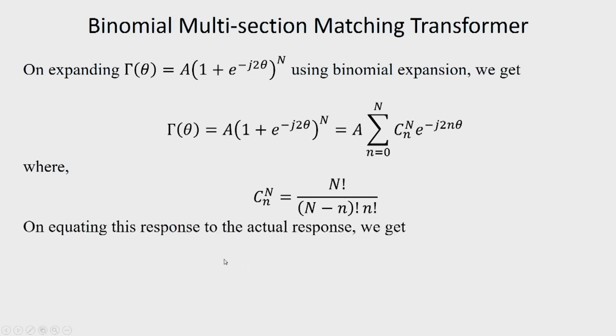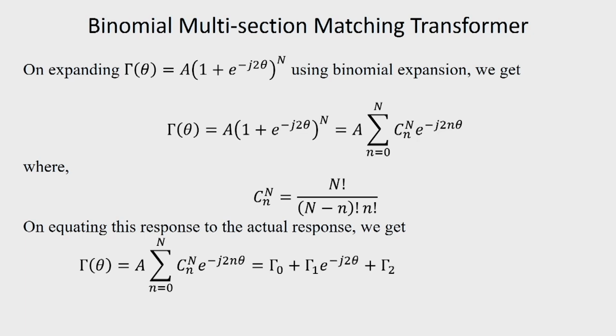And as we said, now we equate it to the response of a multi-section transformer, which is given by gamma 0 plus gamma 1 e to the power minus j2 theta plus gamma 2 e to the power minus j4 theta, and we can equate on a term by term basis.